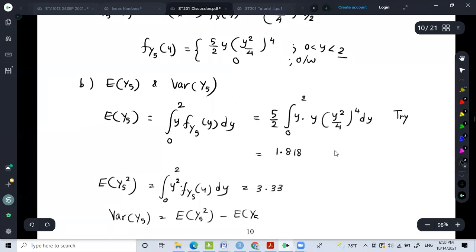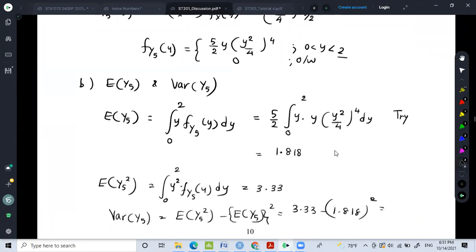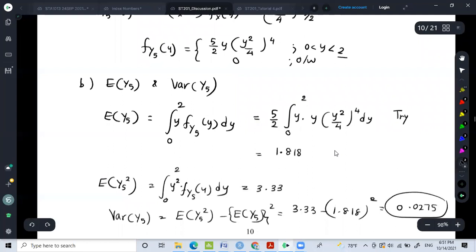You know the computational formula of variance. So that will be this. Okay. And see whether you can find the answer. I got 0.0275. Okay, see whether you can find that also.